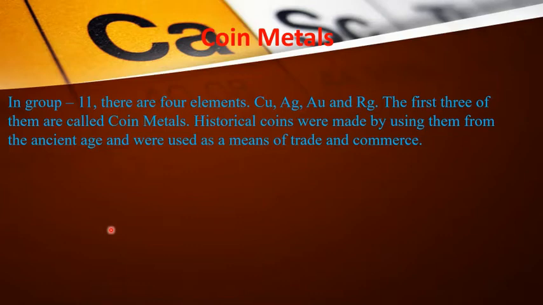Because historical coins were made using these elements and they were used as a means of trade and commerce, from the ancient age. So group 11 is called coin metals.